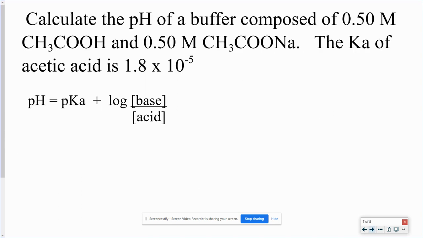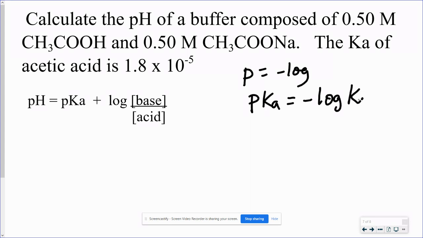For example, calculate the pH of a buffer composed of 0.5 molar acetic acid and 0.5 molar sodium acetate. The Ka of acetic acid is 1.8 times 10 to the minus fifth. First of all, this is our equation: the pH of the buffer equals the pKa plus the log of the concentration of the base over the acid. P before anything means minus the log of, so pKa means minus the log of the Ka.